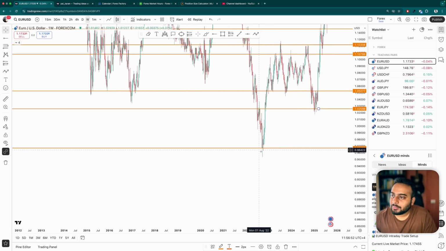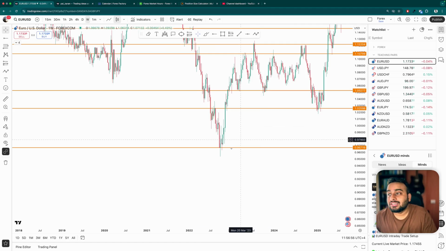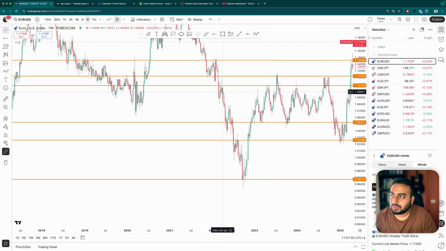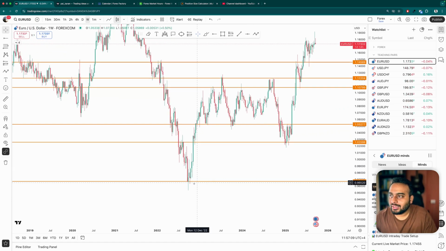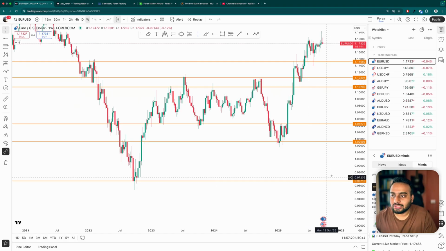We don't see any price action for this, but we need to mark this level because this is one of the key levels from which you can see a lot of sellers were here. And then when the price hit around this level, a big zone, the price reacted in a way that it changed the trend. Even on the weekly time frame, you can see the market went bullish from right here, and then the price never came back to this level.